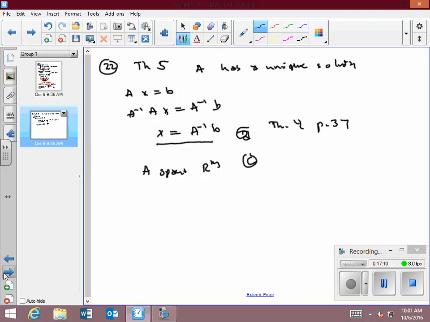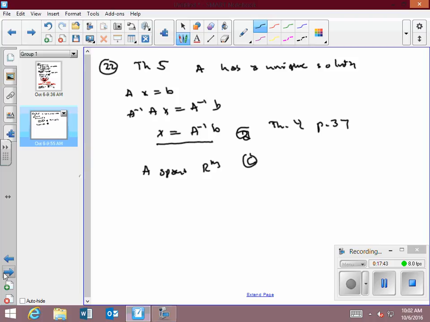Now, draw your attention to the last paragraph above the box at the bottom. It says, because of Theorem 5 in Section 2.2, statement G in Theorem 8 could also be written as the equation AX equals B has a unique solution for each B in R n. And then it says this statement implies B and hence implies A is invertible.